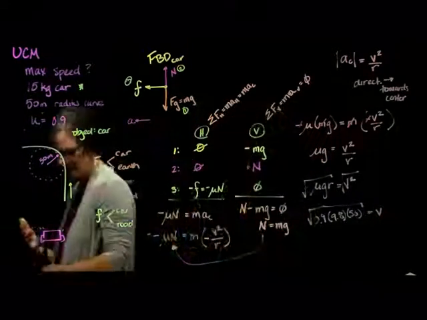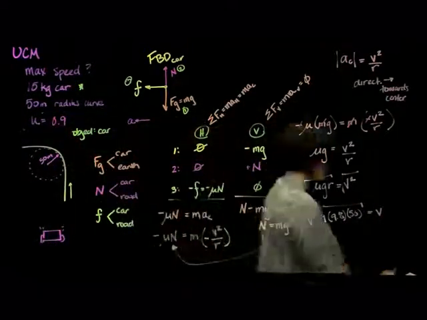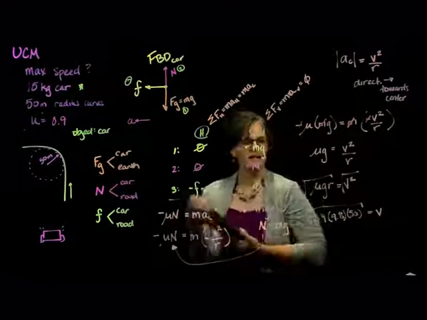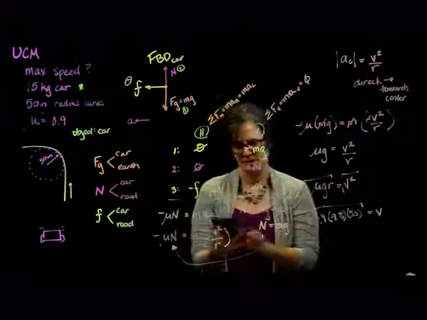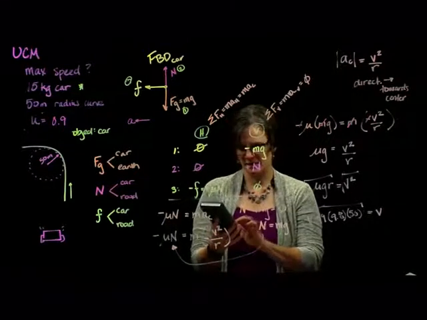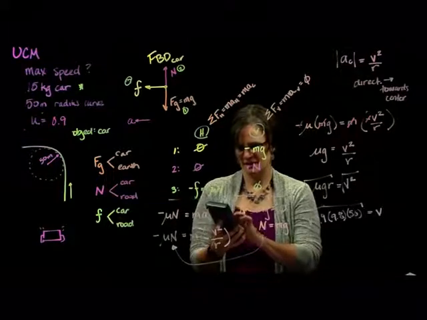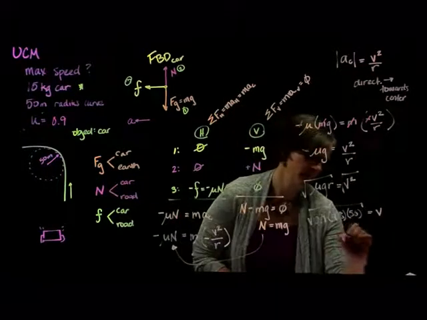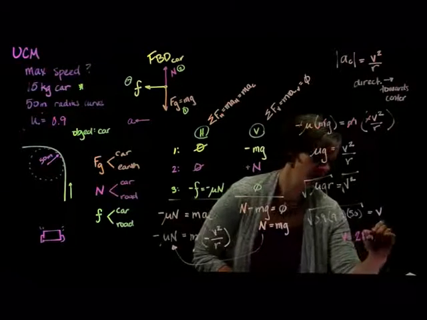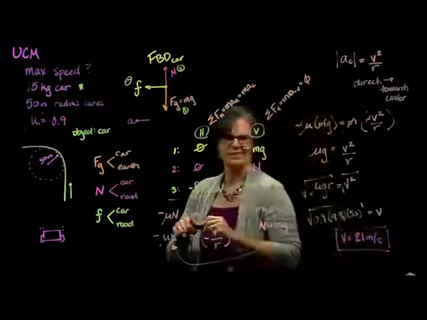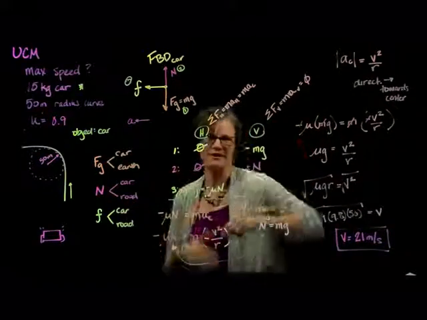So what is my speed? I do not have my calculator. So we have 0.9 times 9.8 times 50, take the square root, and we get a speed of 21 meters per second. The mass didn't even matter, it cancels out.